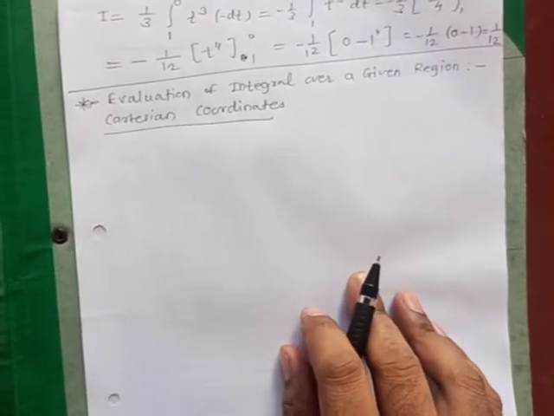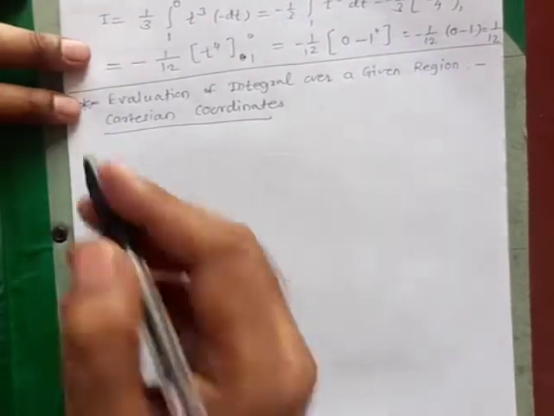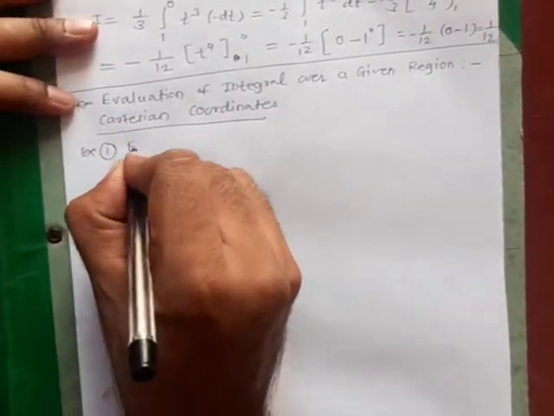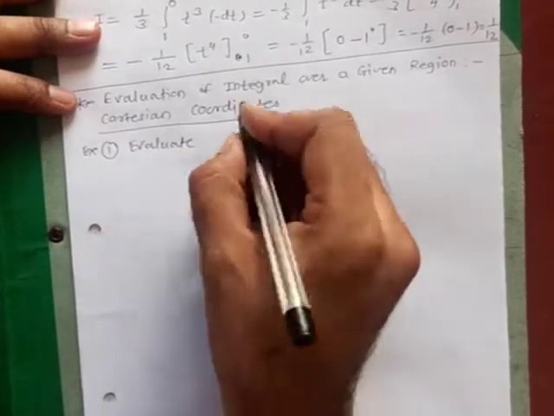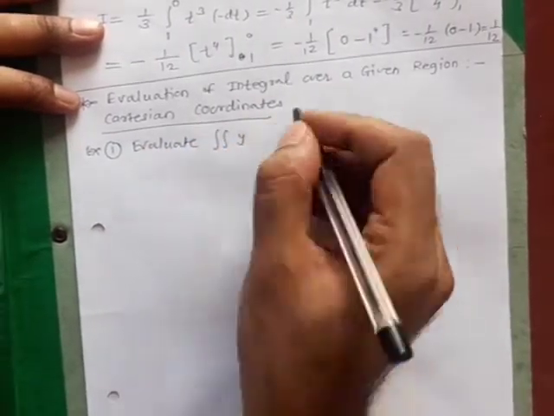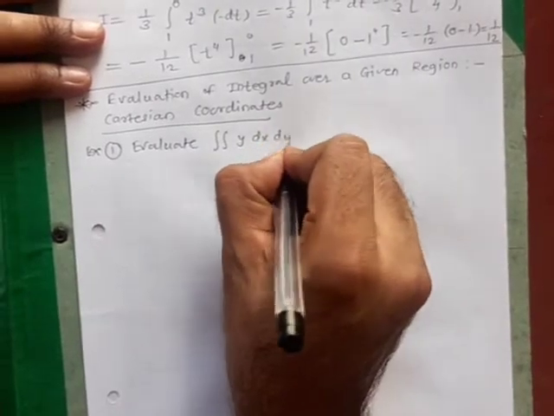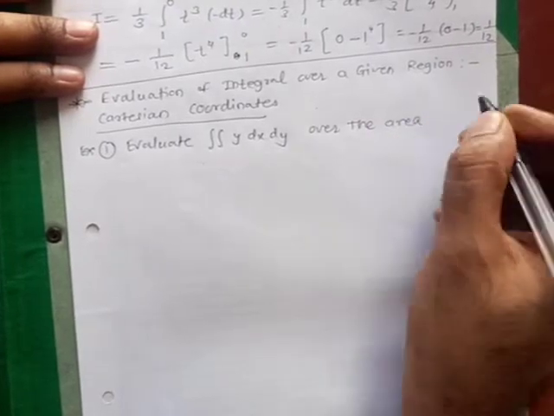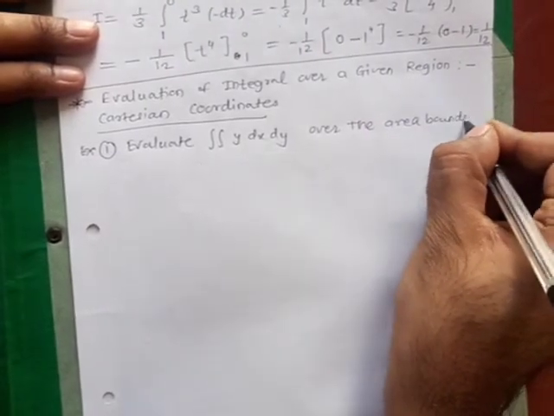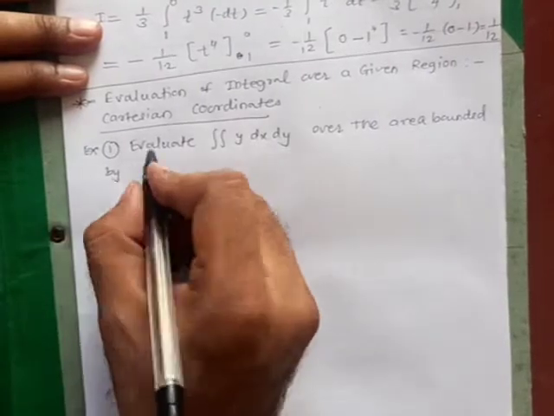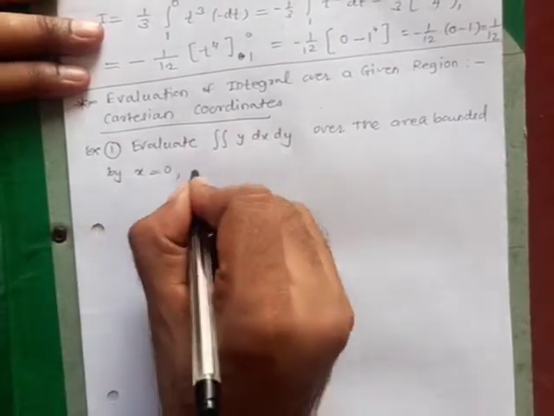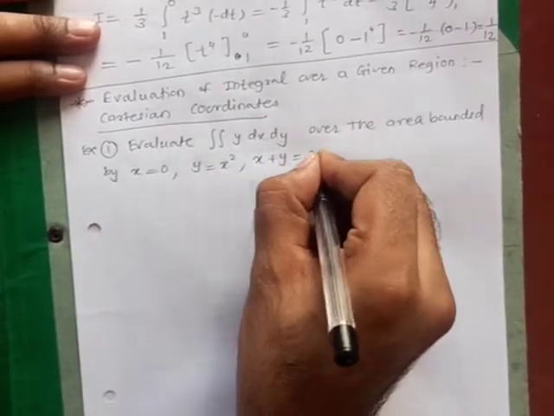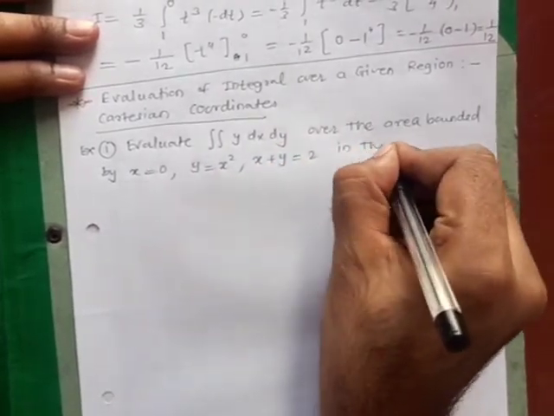So let us see first example number 1. Evaluate double integration of y dx dy over the area bounded by x is equal to 0, y is equal to x square, x plus y is equal to 2 in the first quadrant.